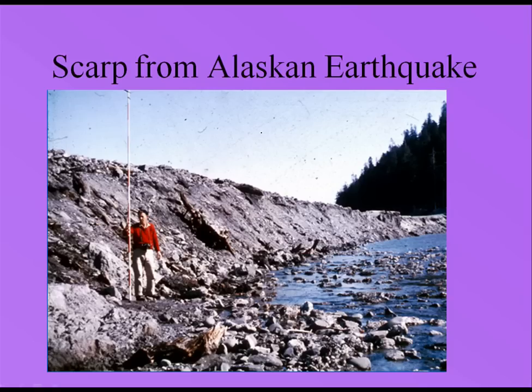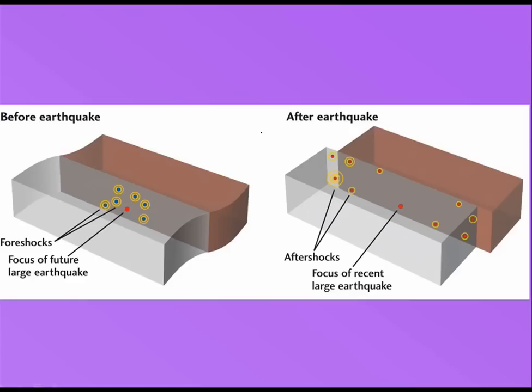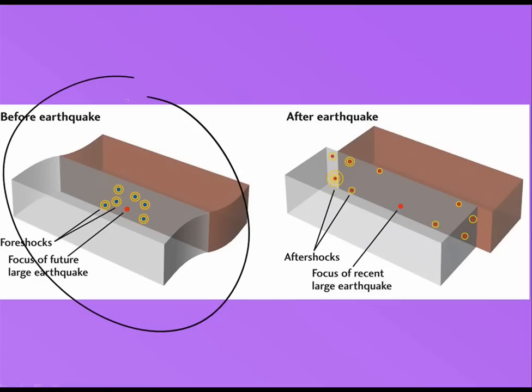Here's the scarp that resulted from the Alaskan earthquake. Another look shows you an area before the earthquake where there may be a few small movements of the rock called foreshocks. Then the large focus of the earthquake begins and the otherwise elastic rock starts to tear.